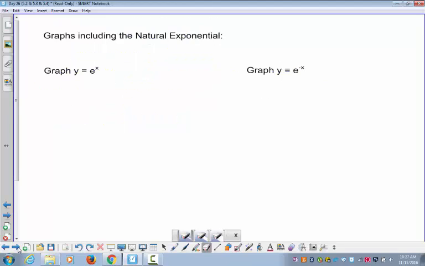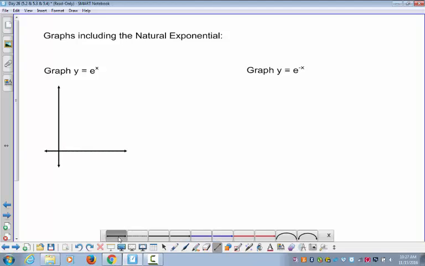All right. So how do we graph these exponentials if we have this base of e, this irrational number? The graph is, of course, very similar to what we've been doing.